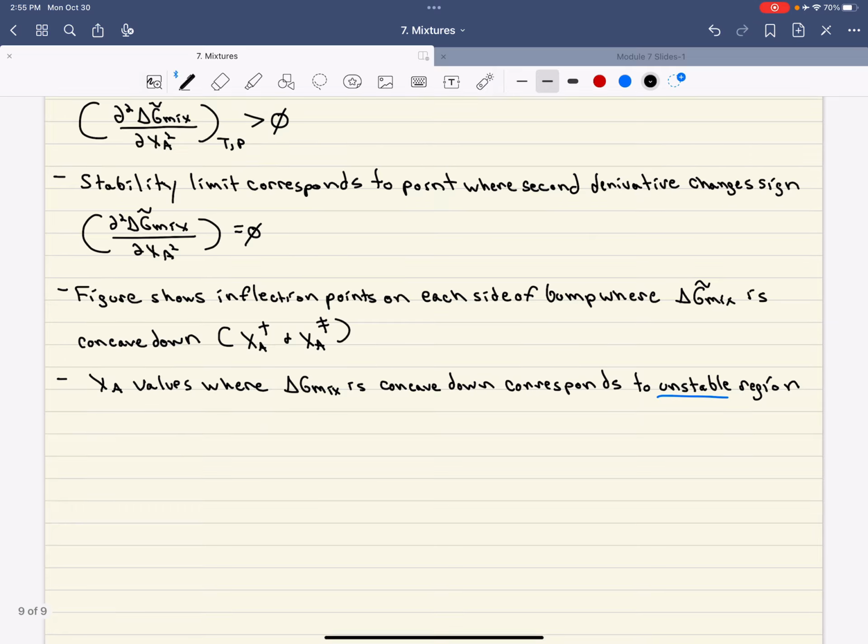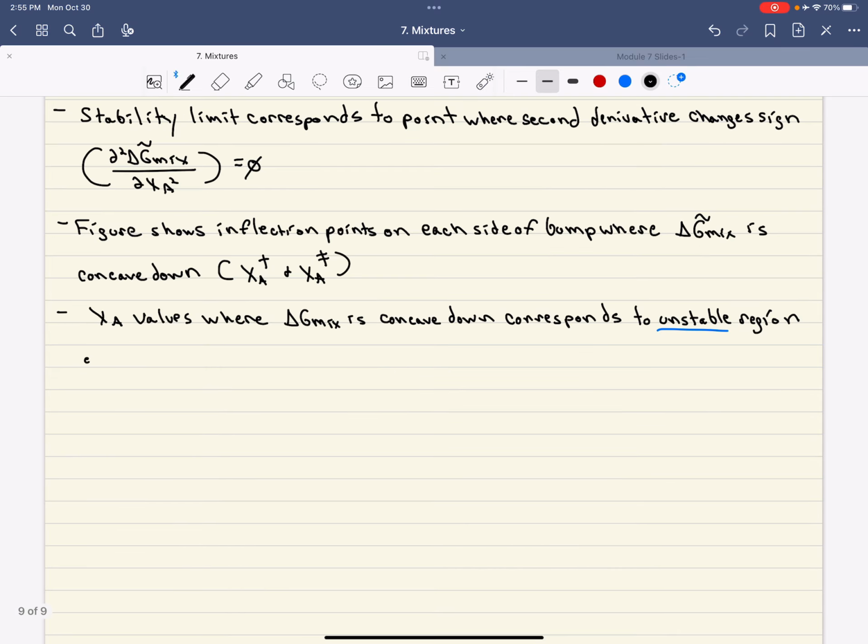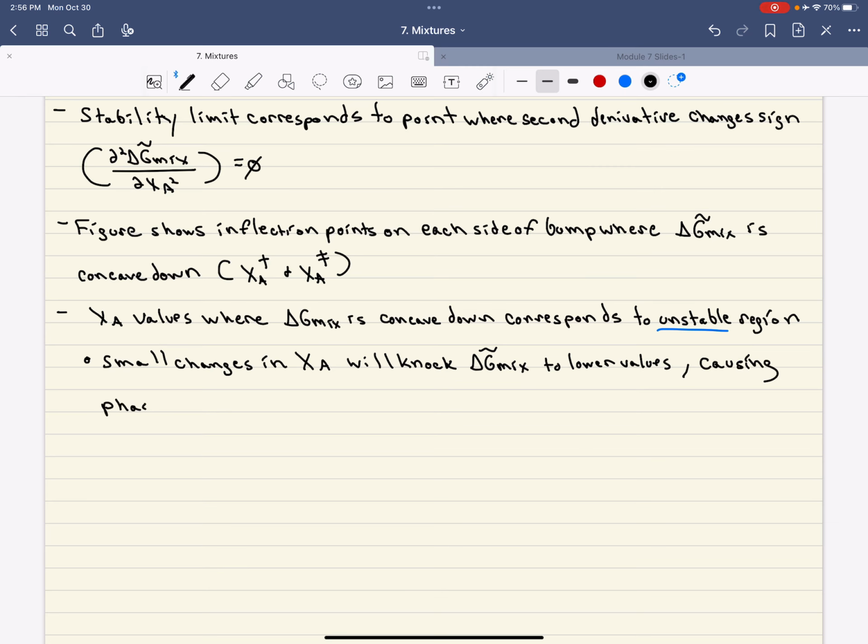Okay? And so small changes in XA will knock delta G mix to lower values, causing phase separation to occur immediately.